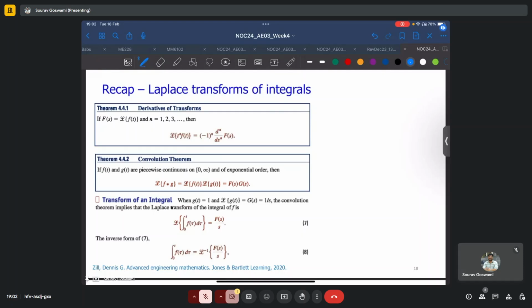And in fact, it is the convolution theorem which has been used to find the Laplace transform of integrals, that is the Laplace transform of the definite integral 0 to t f of tau d tau is equal to F of s by s.